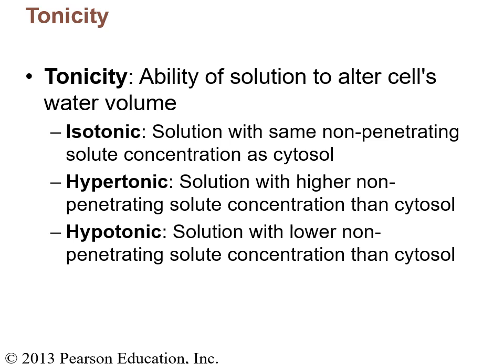If you were going to give somebody a solution intravenously that you want to be isotonic with their plasma, say a glucose or dextrose solution, it has to be 5%. 5% is isotonic with what is in the plasma. So that's just one example.